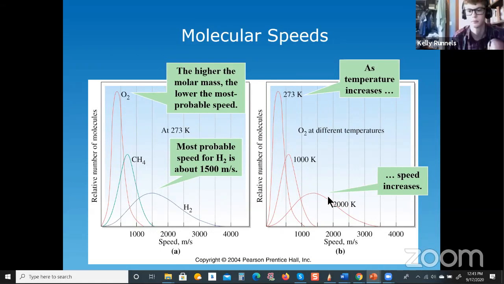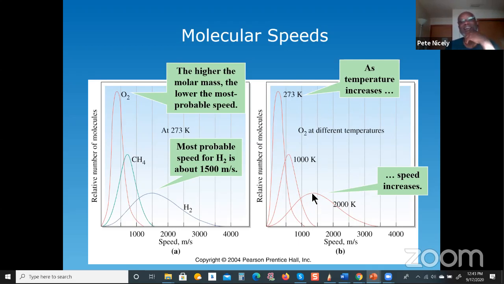So what we pay attention to in most cases is the average, the root mean squared speed, which is represented by the peak of the curve. But you're right, there's always going to be a distribution. You're not going to have a situation where all the molecules are moving at the same speed. You're just going to have a distribution of molecular speeds at every temperature, pretty much.